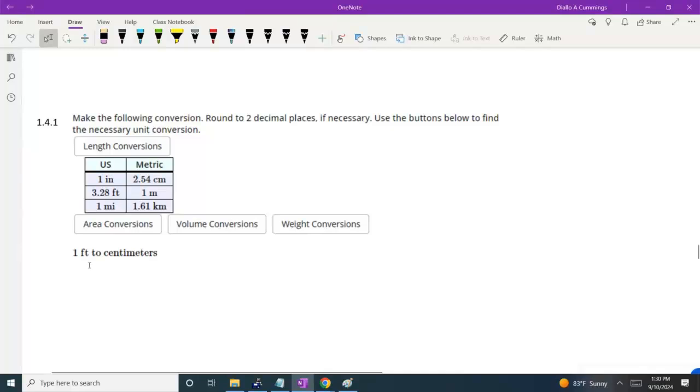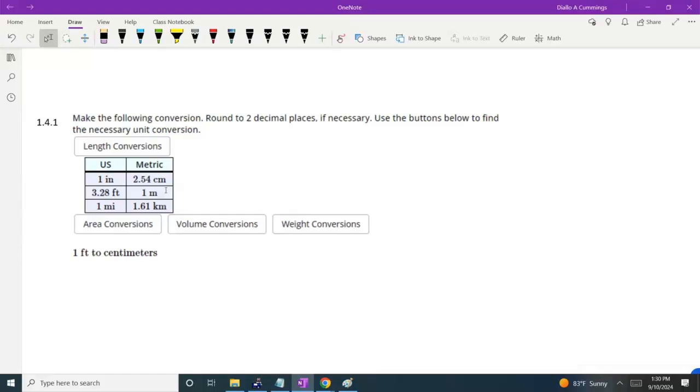There is no direct conversion from foot to centimeters, but there is a direct conversion from inch to centimeters. So we have to change feet to inches and then inches to centimeters.